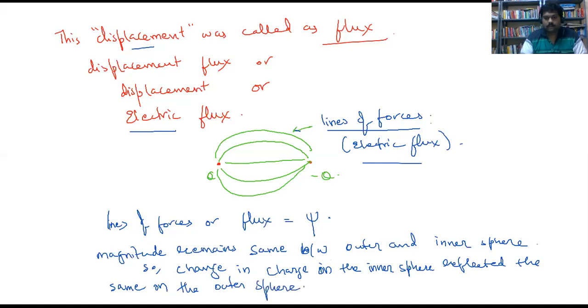So, what do I mean to say? Change in charge on the inner sphere reflected the same change in charge on the outer sphere. Correct? So, there was a displacement, no doubt, but it also corresponded to the change in the amount of charge present on the inner sphere. Therefore, flux depends on charge.